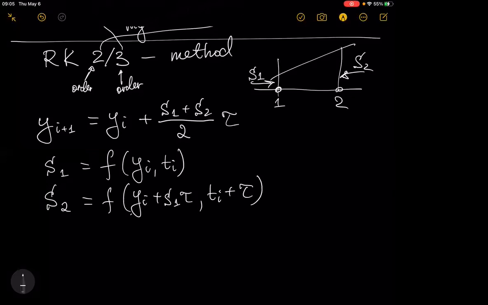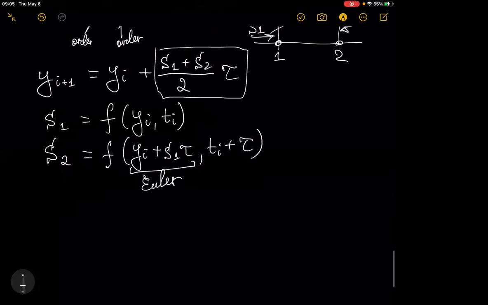So this is the Euler step, and this is how we evaluate our function there. And then this is nothing else but the trapezoid.